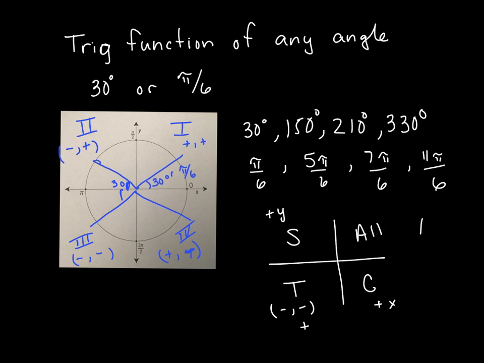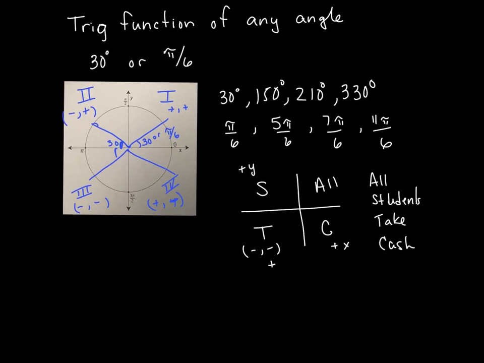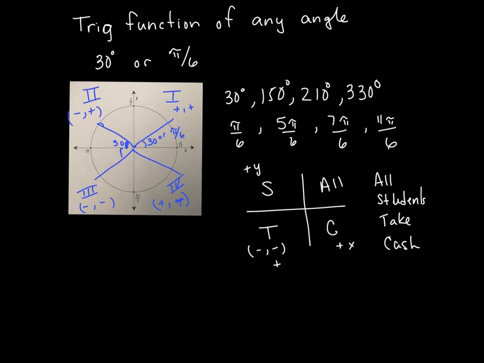So the mnemonic that you can use is "All Students Take Calculus." And that will help you figure out whether or not the sign of those trig functions are positive or negative. So for all of these angles, you know that the sine of 30 is going to equal 1/2.